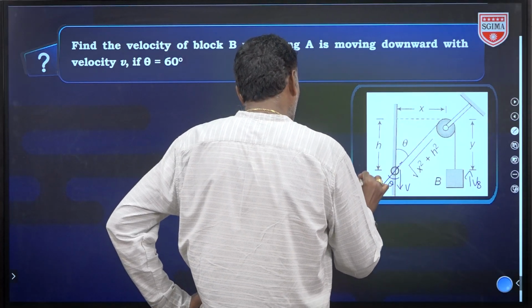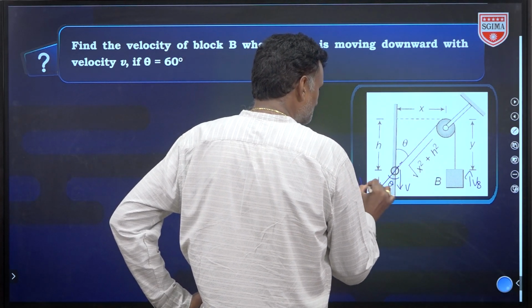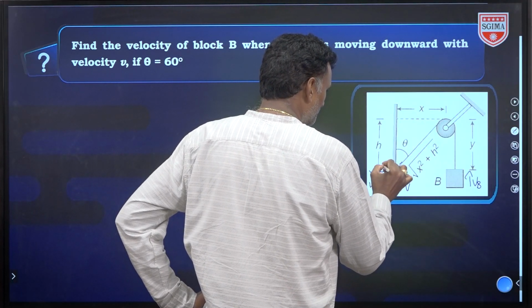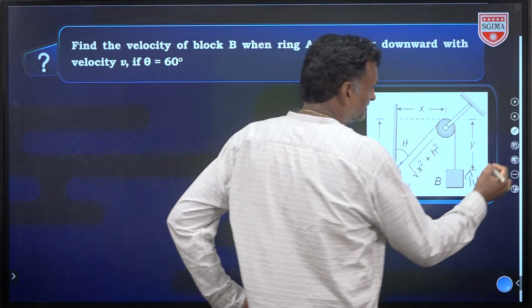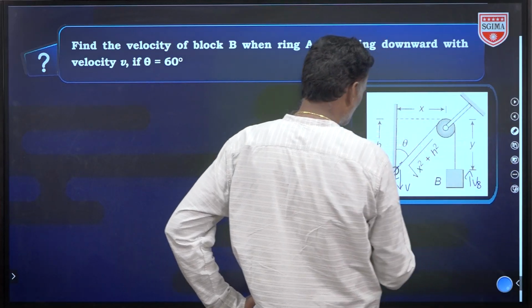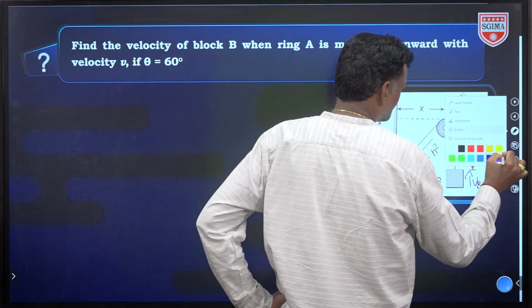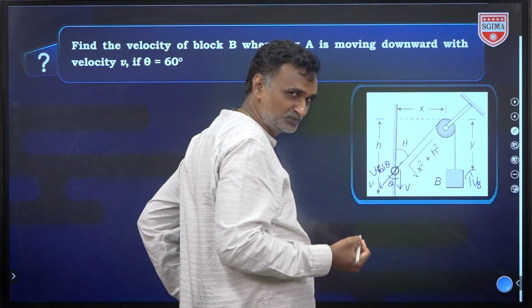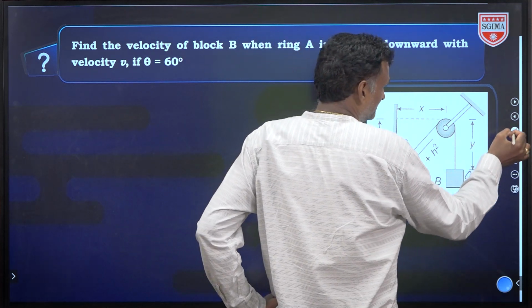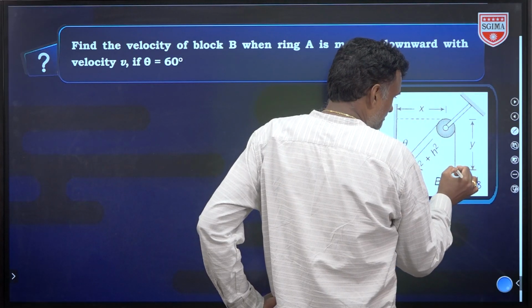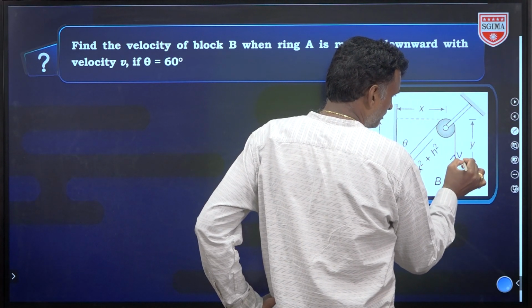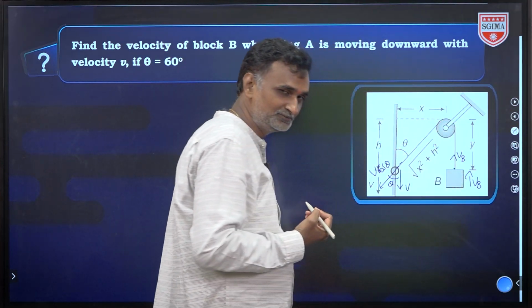I am taking along the direction of the string, and this is theta. So what can I write here? This is V cos theta. The component of V is V cos theta, and in which direction? Along the string. Next, here it is also along the string only. This is upward along the string. How much velocity do we have? VB.